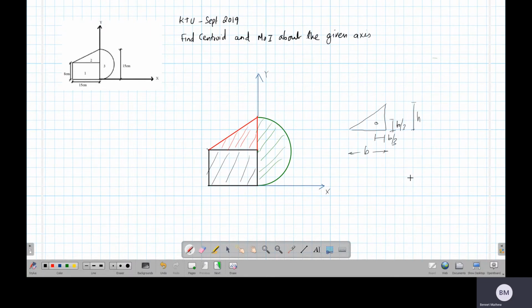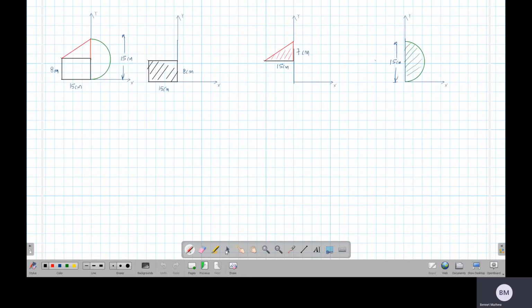For a semicircle, something you have to remember, the centroid will be somewhere here, and this distance will be 4r upon 3 pi, where r is the radius of the semicircle, in this direction. In the y direction, it will be at the central location. So this is what we will use to solve this problem.